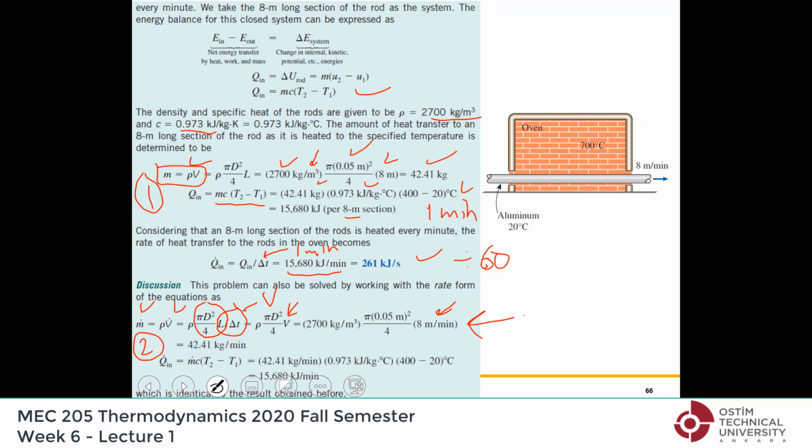So make sure that in your mind, you combine the two methods. This is cross-sectional area times velocity, whereas the other one is cross-sectional area times length, and then later on we divide by delta t. Combine those in your mind.